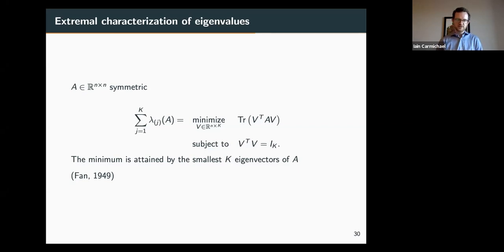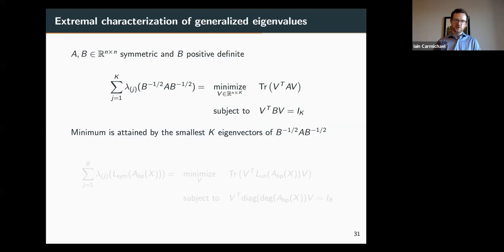It turns out it's not too hard to generalize this to generalized eigenvalues, but I'm going to write it in the following form. Let's say A and B are symmetric matrices, and let's assume B is positive definite.